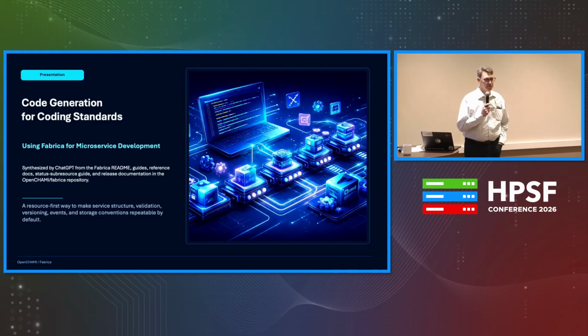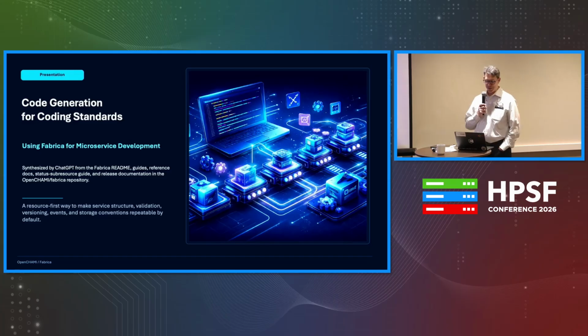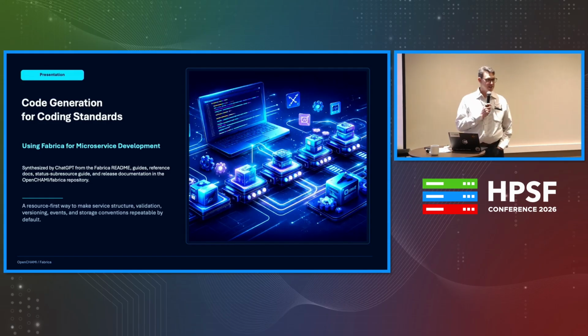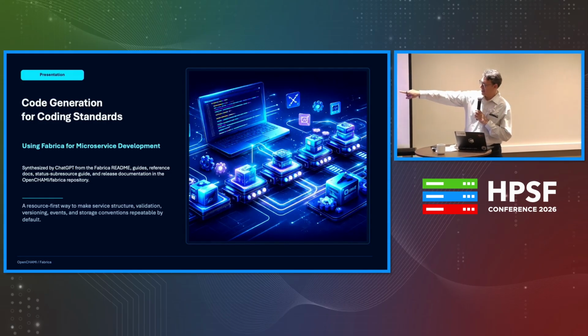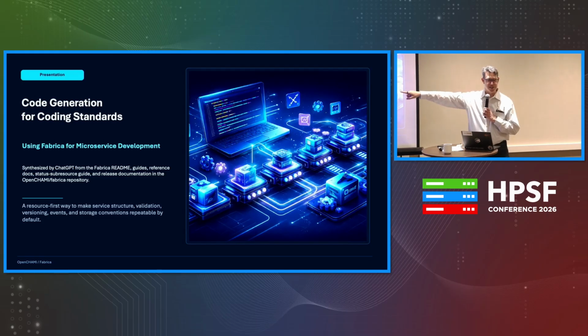The wobble in our projector is pretty cool, given that this entire presentation was created this morning by ChatGPT with no help from me at all. In fact, the only thing I did was add "synthesized by ChatGPT" to this slide.